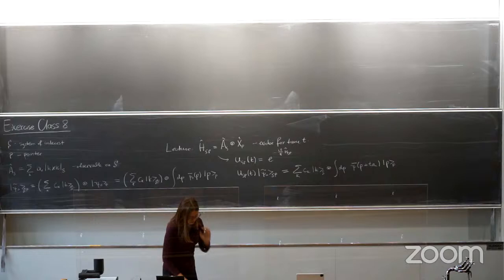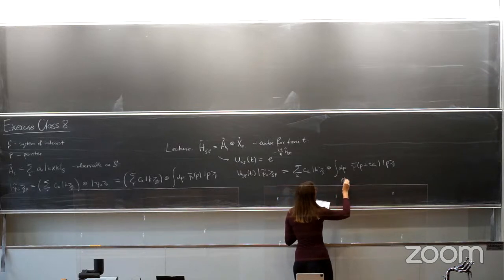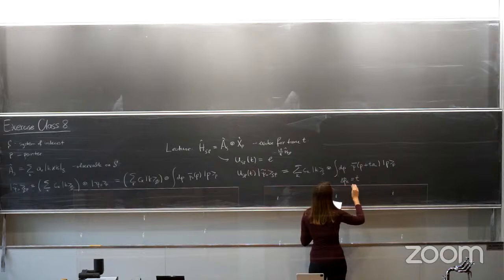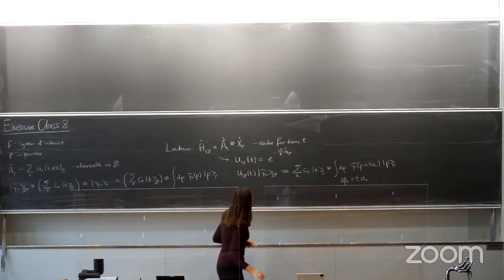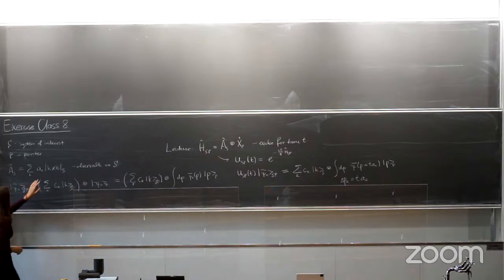So basically for each state k, we have coupling with the momentum function, which is shifted by delta p_k, which is t a_k, where the a_k correspond to the eigenvalues of the observable.